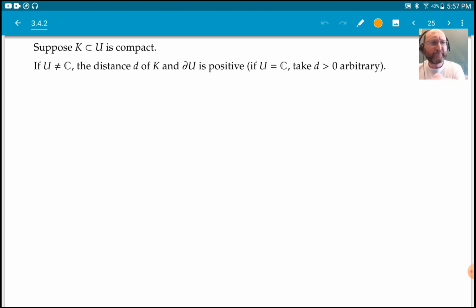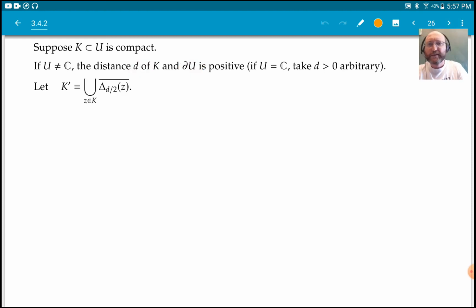It's a little bit of a technicality, but if U is not all of C, let D be the distance between K and the boundary of U. K is compact, the boundary of U is closed, so there is some positive distance. Now, if U is all of C, there is no boundary of U. Just take an arbitrary number D, 5, 10, 20, doesn't really matter.